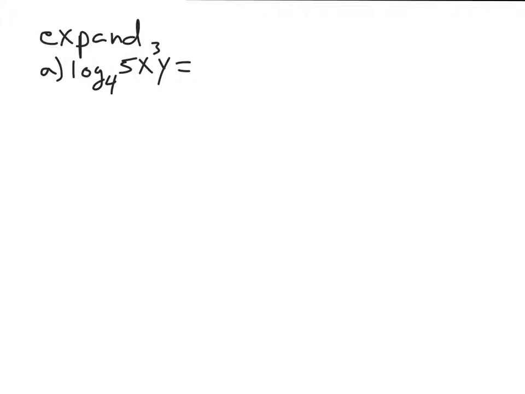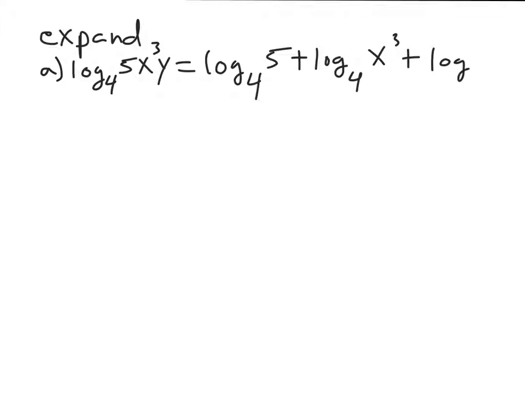Now this is based on multiplication. So the first step I would make in expanding this would be to take log base 4 of 5 plus log base 4 of x cubed plus log base 4 of y.